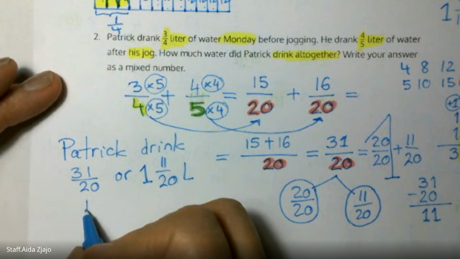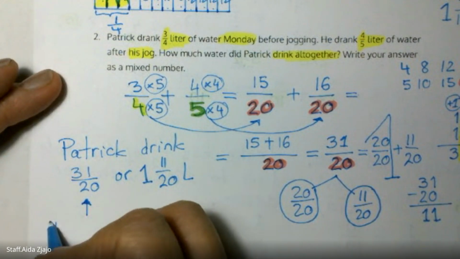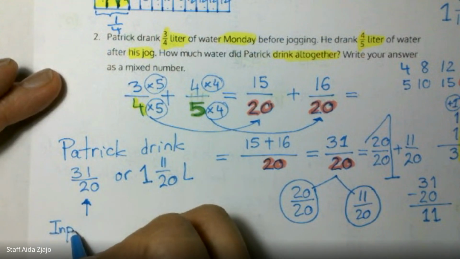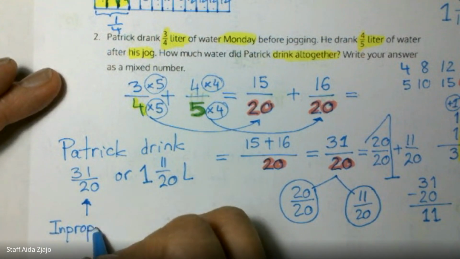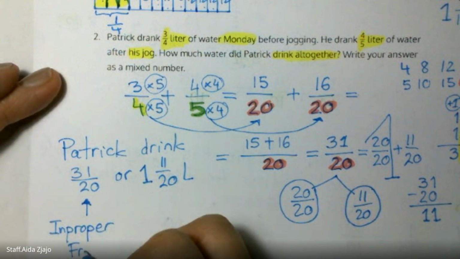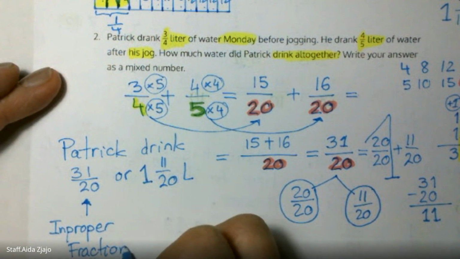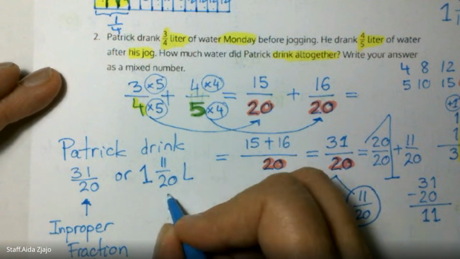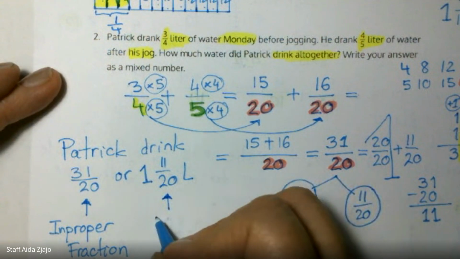So this is an improper fraction, and this is a mixed number.